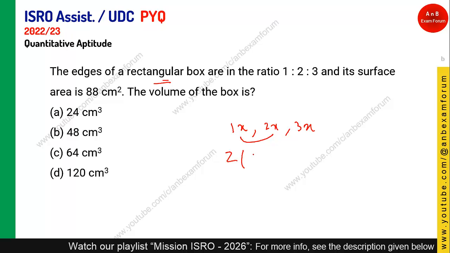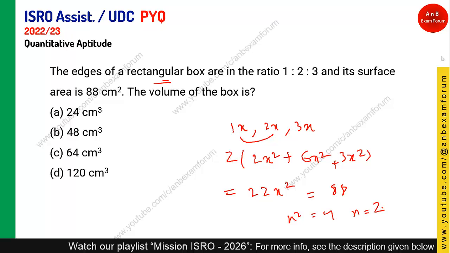So it becomes 2x square plus 6x square plus 3x square, which is 11, so 22x square, and the value is 88. So x square is equal to 4, x is equal to 2.